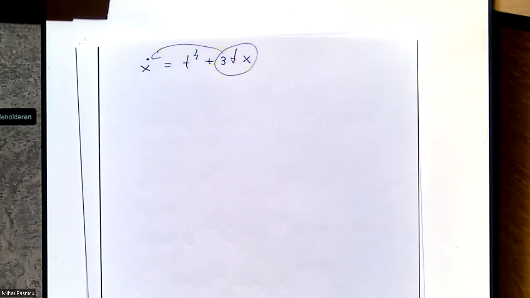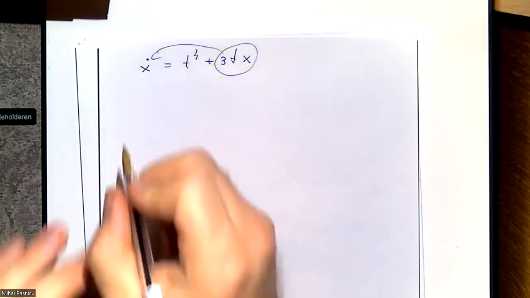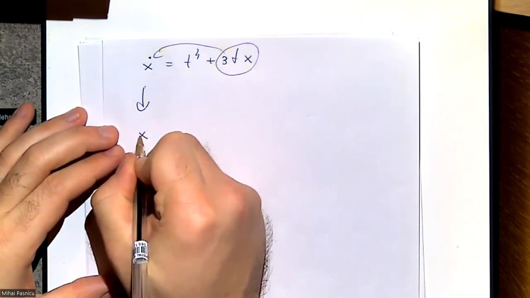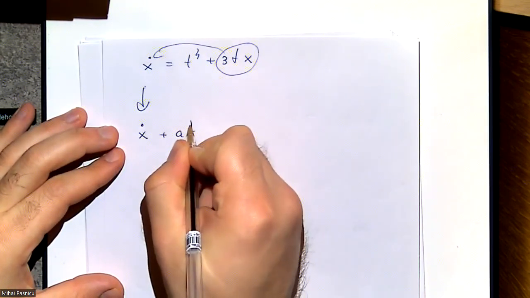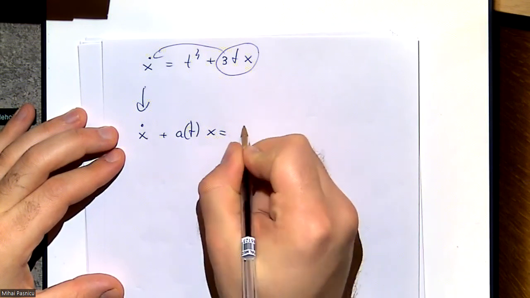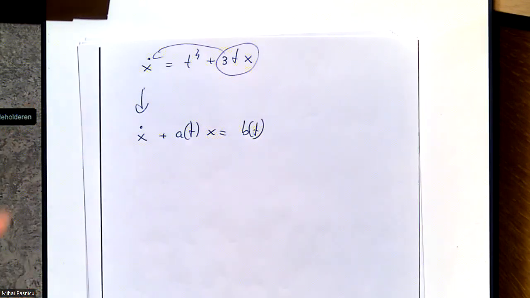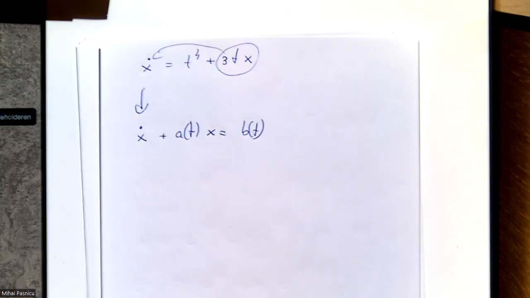These are the only type of trick they can bring on you in this linear equation. It's just writing the same equation in a different way. All that you have to keep in mind is you always got to bring your equation to something that looks like this. If you try to identify A of t and B of t before you bring it to a form like this, you're probably going to end up solving the wrong integral.